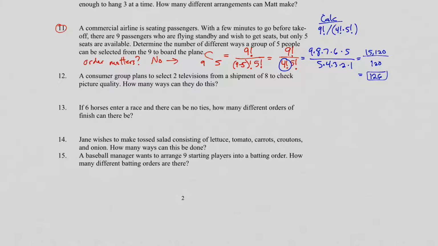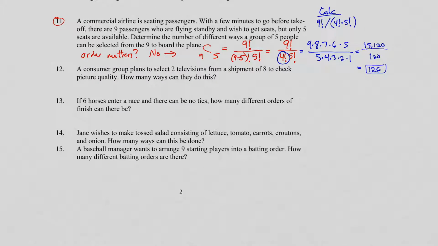Issues, questions with number 11? Yeah. If you're gonna, yeah, you can cancel out the 5. You can do 6 divided by 2 is 3. You can do 8 divided by 4 is 2.